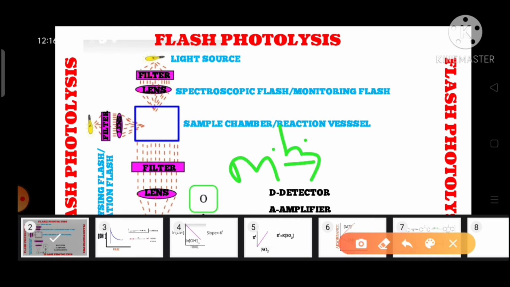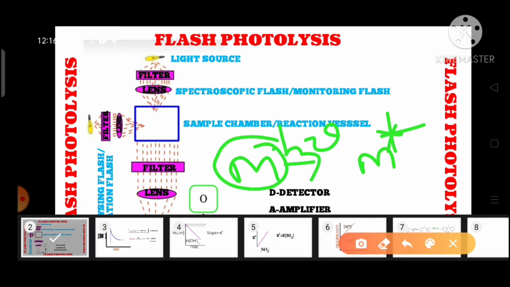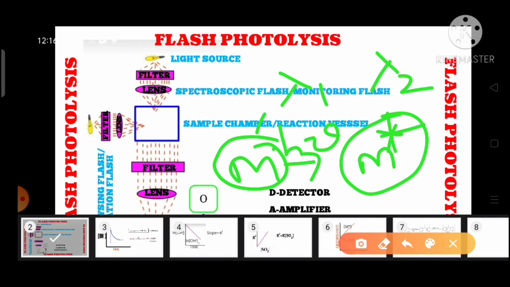When it gets energy from the photolysing flash, it goes into the excited state M*. The ground state molecule absorbs radiation of one wavelength, for example lambda 1, and the excited molecule absorbs radiation of another wavelength, lambda 2.